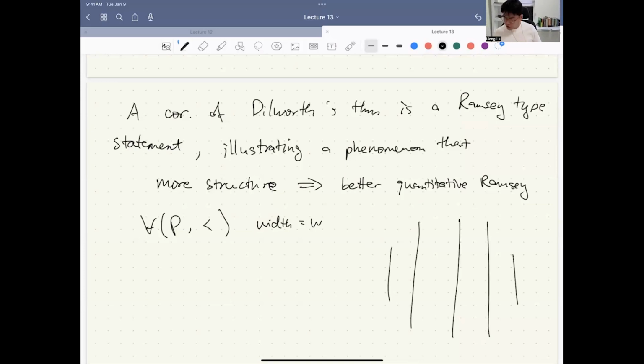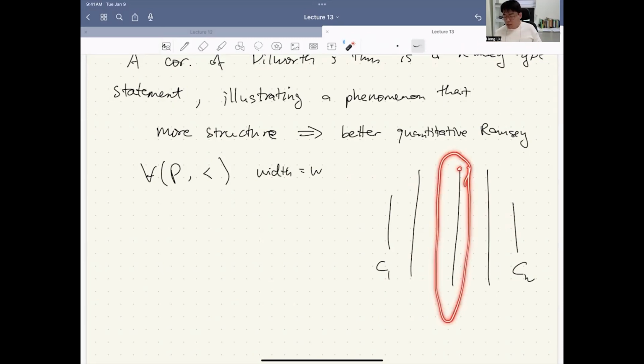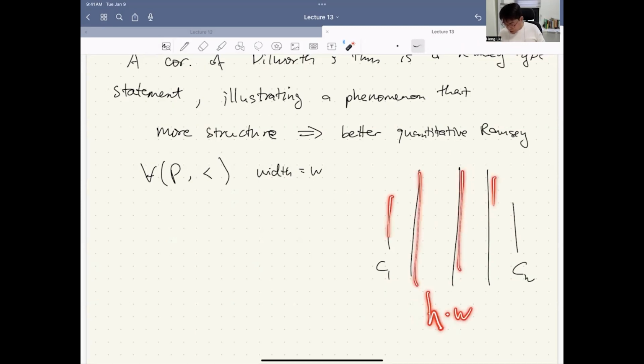That means the largest anti-chain has size W, and I also have a chain decomposition decomposing P into W chains, C1 to CW. Each one of these chains is at most the size of the height, right? Height is the longest chain. So that means the longest chain times the total number of chains is at least the total number of elements.